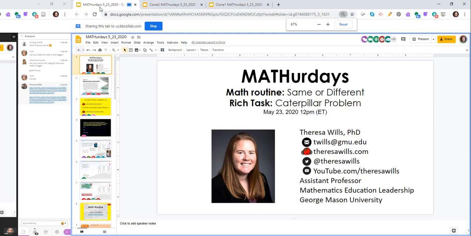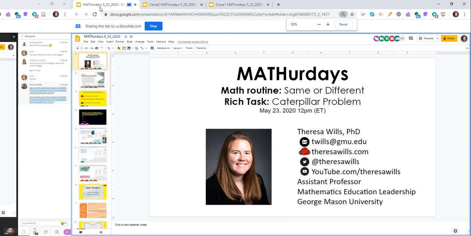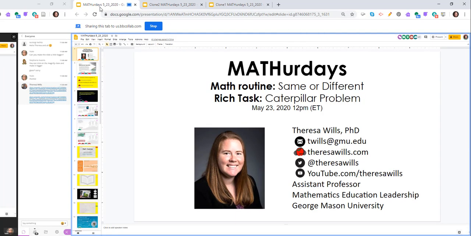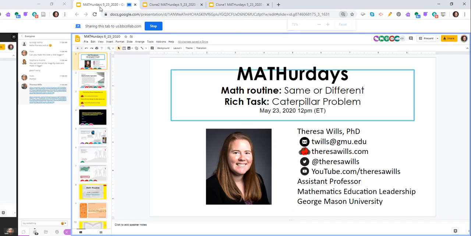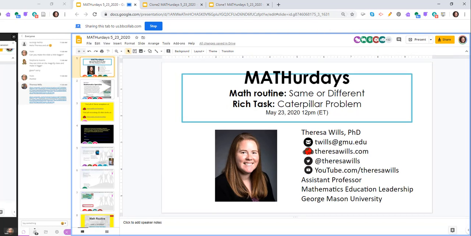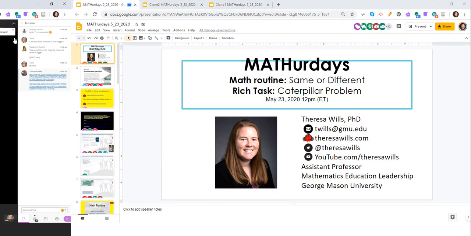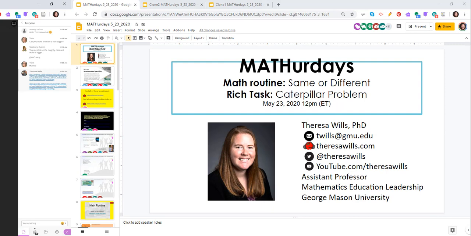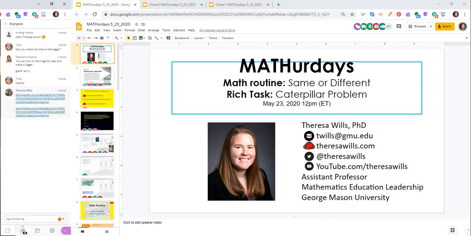And you can hit Control Plus to make it smaller. So if you're trying to see other people's work, you can resize the main screen in Google Slides. Alrighty, I'm going to shut this down on the main screen here. And you should be working in between Google Slides and Blackboard Collaborate.